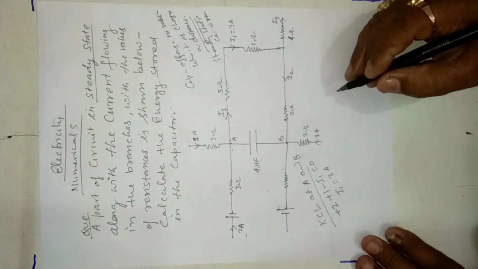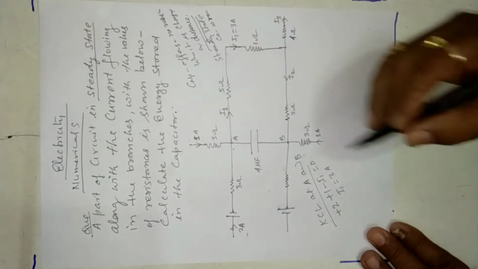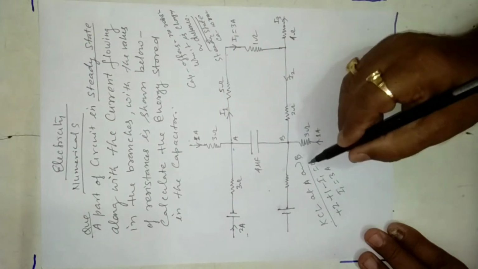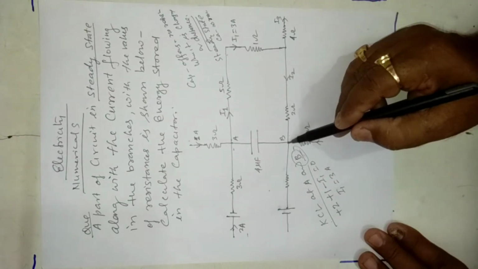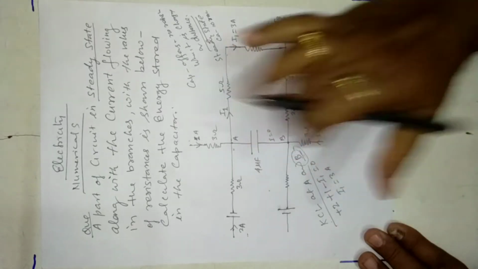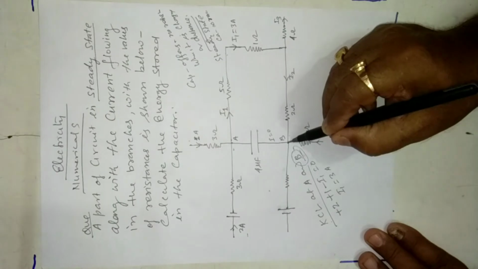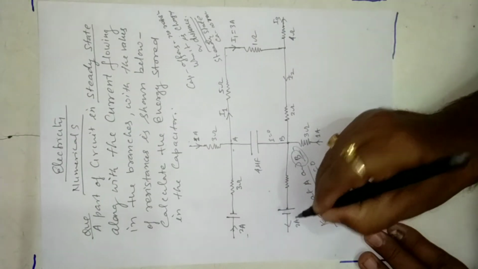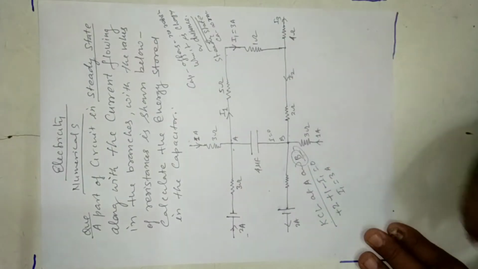Now we will calculate. We will use here the KCL at point B. For point B, you can see I2 is coming towards the point here, and from this side nothing is coming. So I2 is coming towards this side, and current here it is given 2 ampere. It is given in the question 2 ampere current is leaving along this direction.